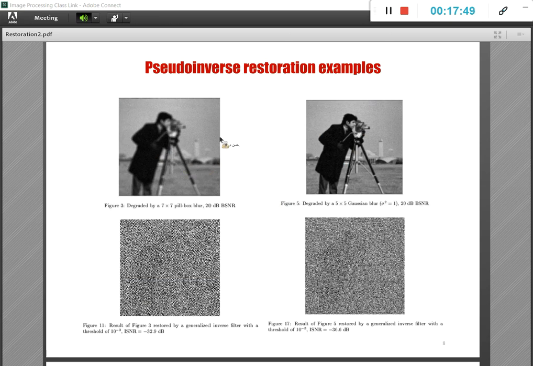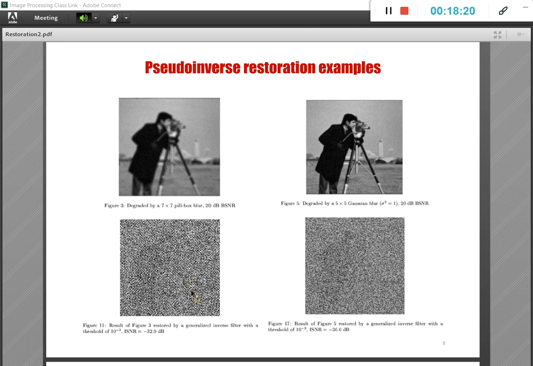For example, here you see the cameraman blurred with a pillbox blur with 20 dB BSNR, blurred SNR. And in another picture, the cameraman is blurred with a Gaussian blur with variance of 1, again with 20 dB BSNR.